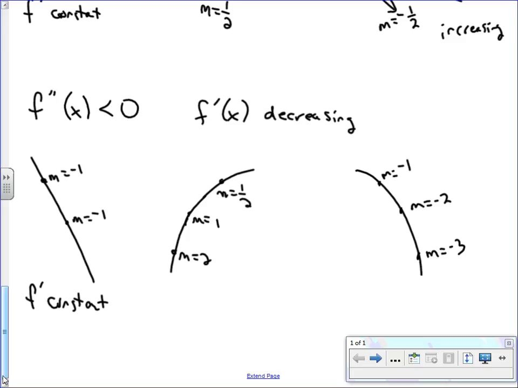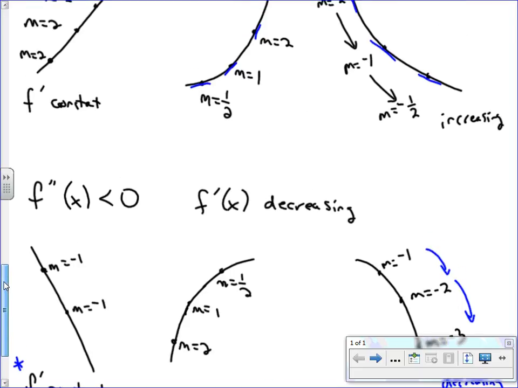And again, as you move from -1 to -2 to -3, the slope is decreasing. So taking a look at the two different situations, you find this constant one, that's just there to remind you that in this situation the slope is not increasing or decreasing, it's constant.